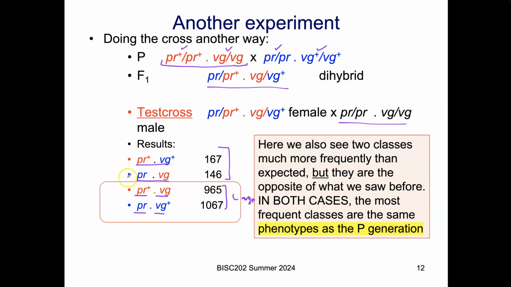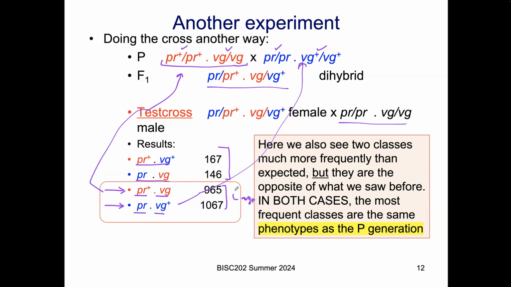Okay, and hopefully the color coding, I'm not going to rewrite it as many times, but I just included the color coding to make the point. And the thing to really pay attention to is that the two categories that are the most frequent are the ones that have the same phenotypes as each of the original parents. So this one is like this parent, and this one is like this parent, right?